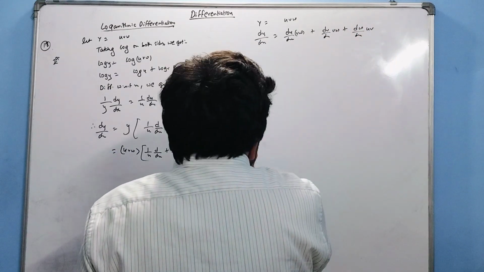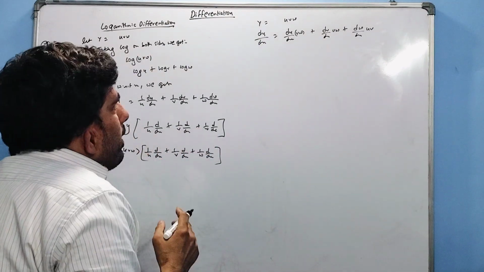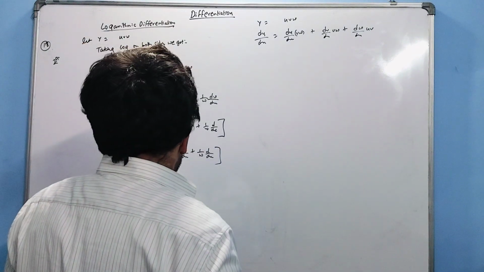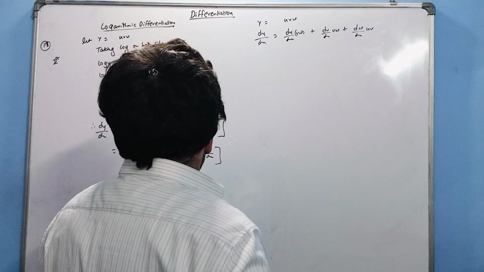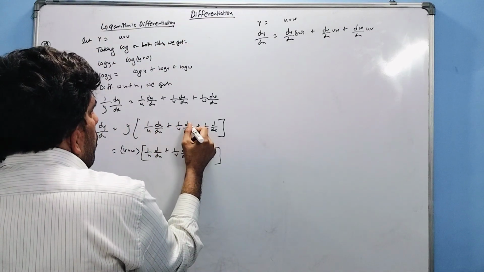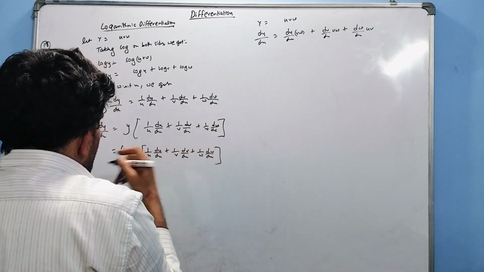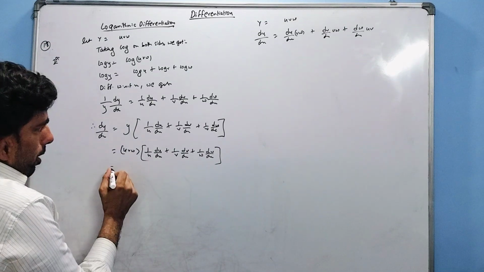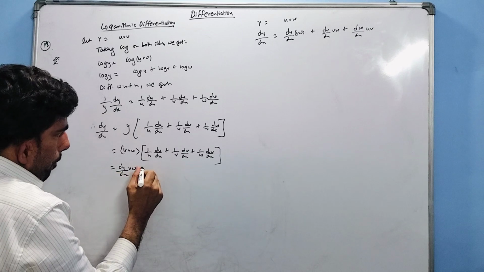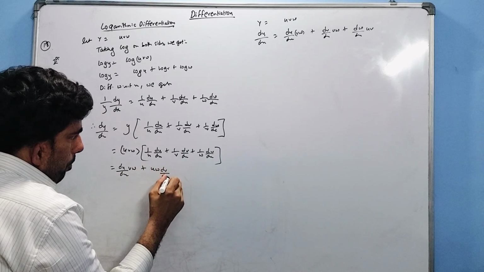So that is how we are able to find the answer, which will be the same. If I multiply in the earlier result also, I got v w du/dx plus u w dv/dx plus u v dw/dx.